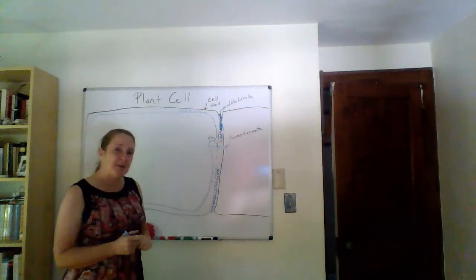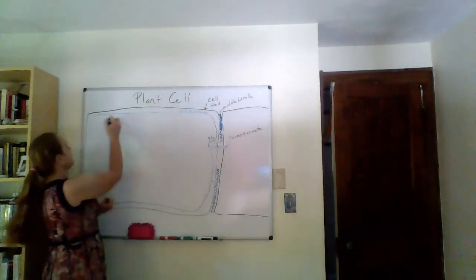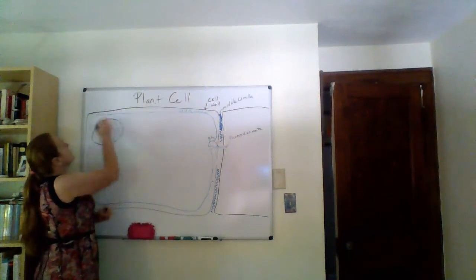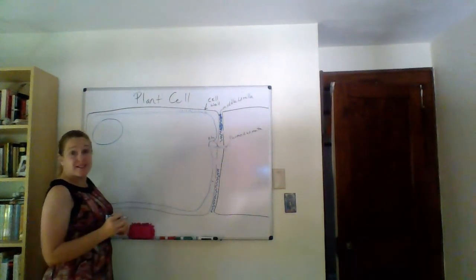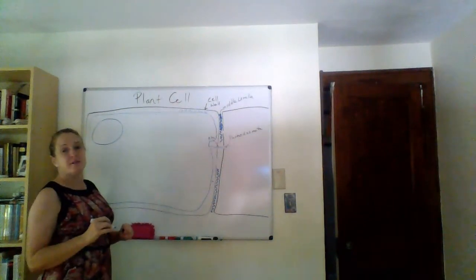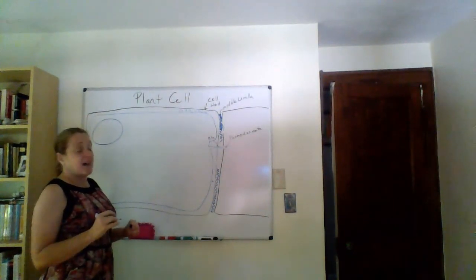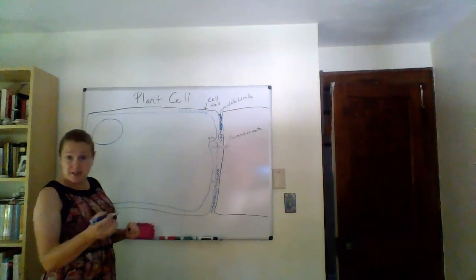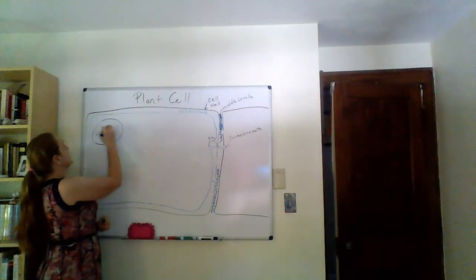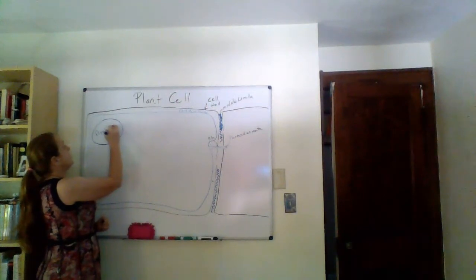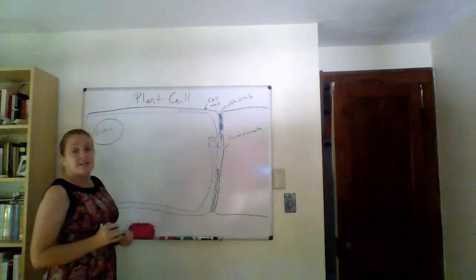Now let's talk about the parts on the inside. Way up over here, I'm going to draw a great big circle. This is essentially the nucleus. The nucleus is almost perfectly round and has a very smooth edge to it unless the cell is dividing. So our nucleus is just a plasma membrane with DNA inside.